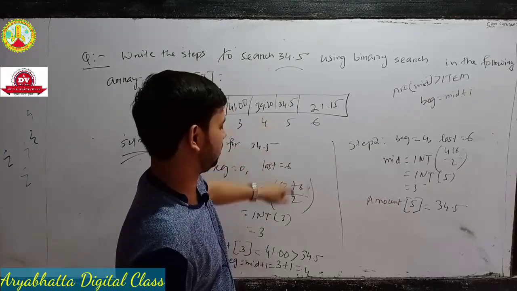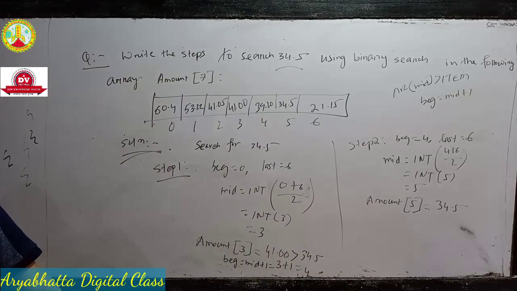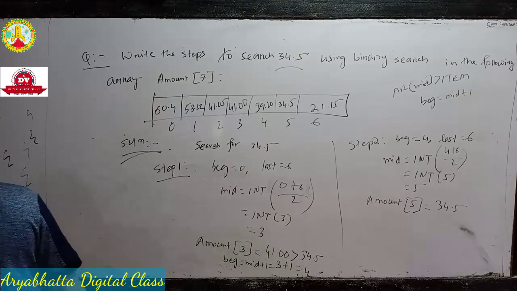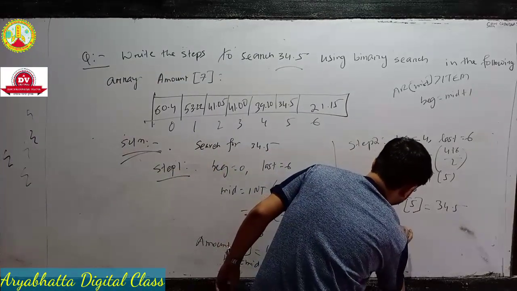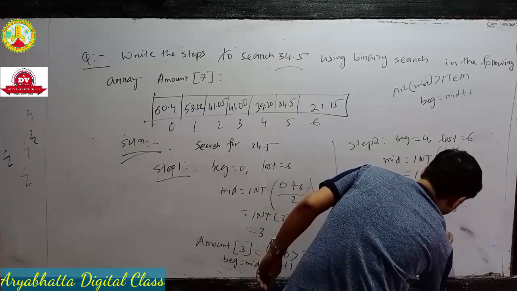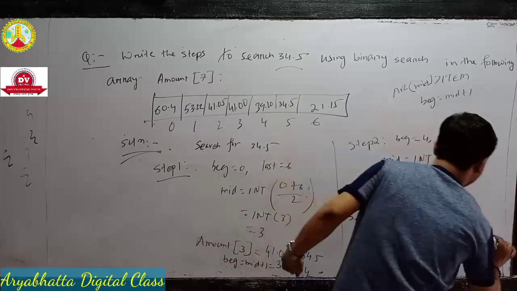What are we searching for? Amount[5] is 34.5. Means search successful at location number 5.